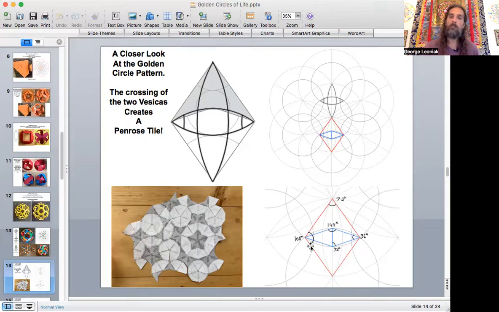So this is actually part of pentagon geometry, because the pentagon has 108-degree interior angles all the way around it, which add up to 540 degrees total. So that is a 108 interior angle on both sides with the 72. That is the Penrose tile.